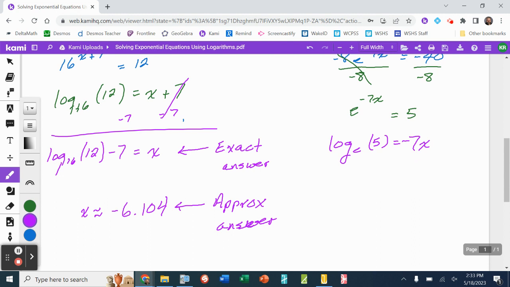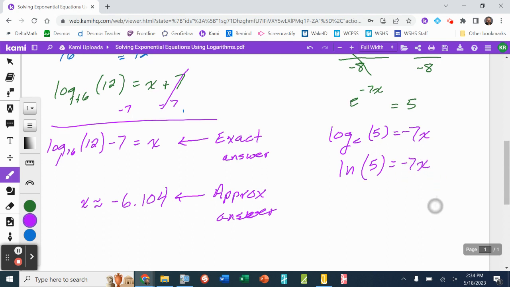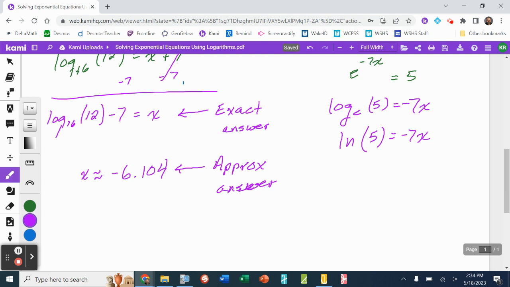Or alternatively, log base e can be replaced with the natural logarithm. And we prefer the natural logarithm because our calculators and most technology have a natural logarithm function on them.